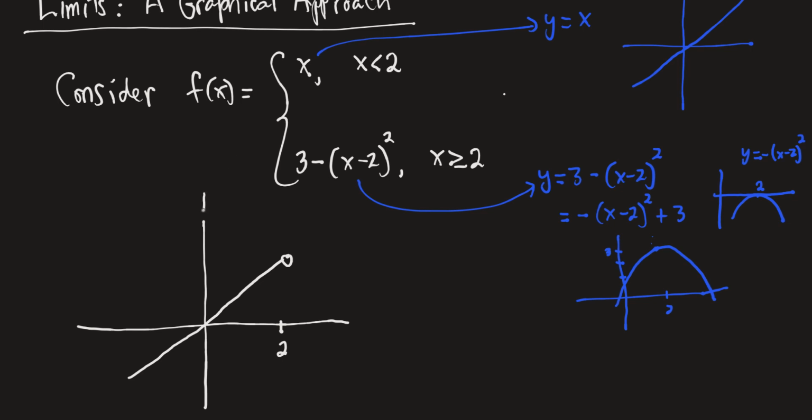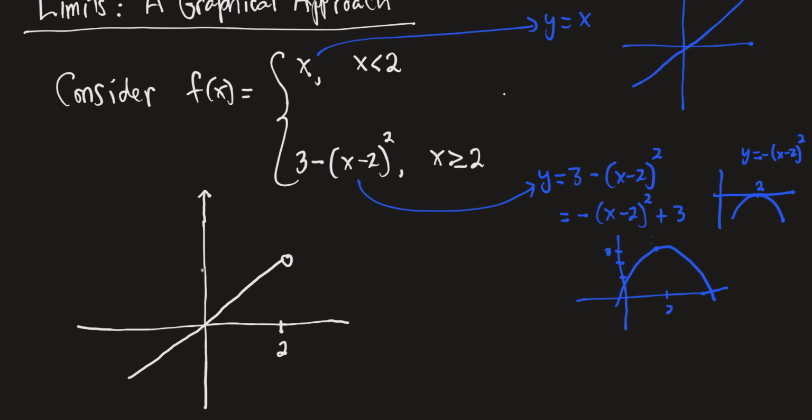Then what does the rest of it look like? Well, as soon as you actually hit x equals 2, then it switches over to the parabola. And what do we know? At x equals 2, the parabola has a value of 3, and then it goes down in that nice parabolic arc. So now the question is, is this 3 or is 3 somewhere else?